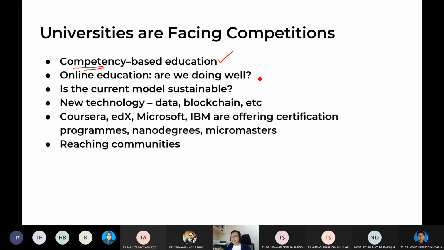Another thing: although we are already 1.5 years into online education, are we universities doing really well? Are we doing comfortably? Sometimes we haven't even solved the cheating issues in exams.